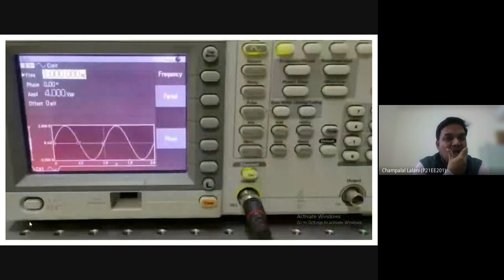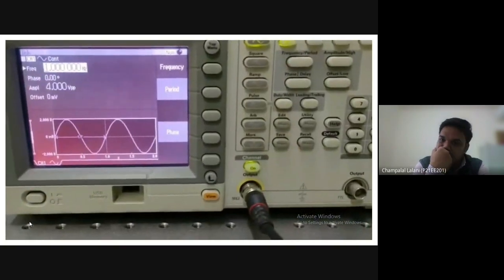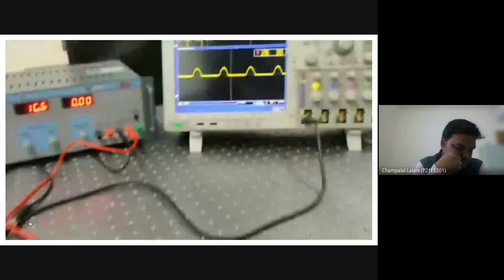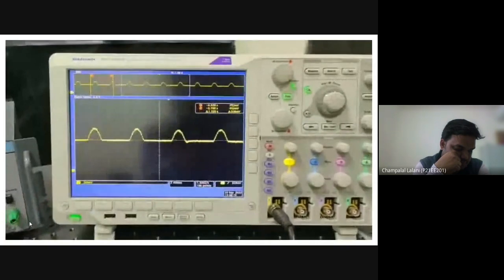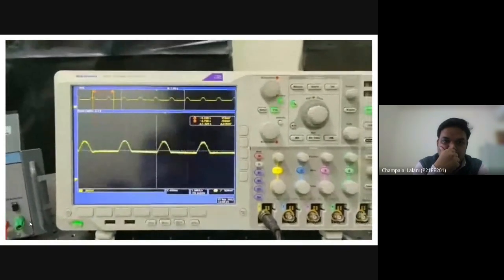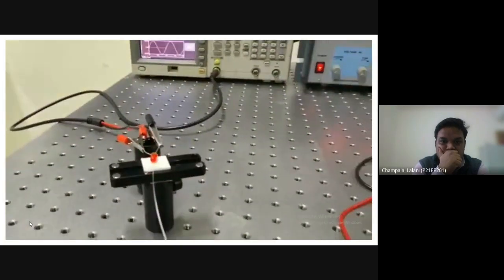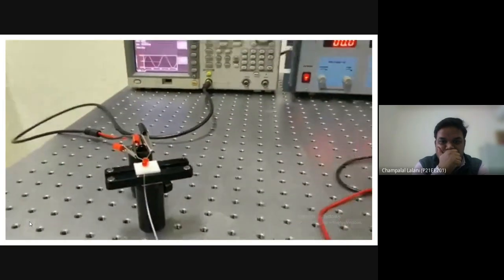Now let's move ahead and set the input as a sine wave of 1 Hz. Now we can see at the output that for the positive half cycle we receive the same signal as the input, but for the negative half cycle it is zero. That is because the LED is a diode which works in forward bias, and for reverse bias it is turned off.